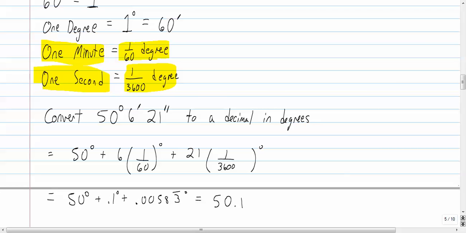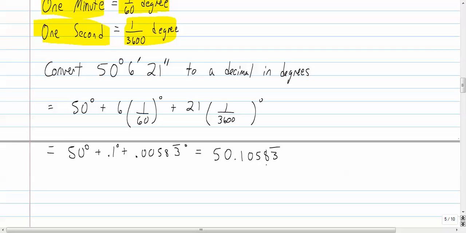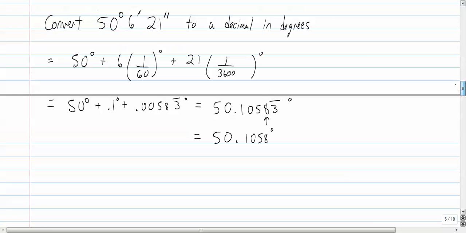If I added these, that would be 0.1058, 3 repeating. And if I rounded to 4 decimal places, then that would be 50.1058 degrees. All right, that's my answer. That's my decimal in degrees.